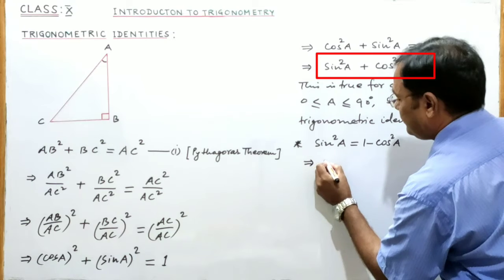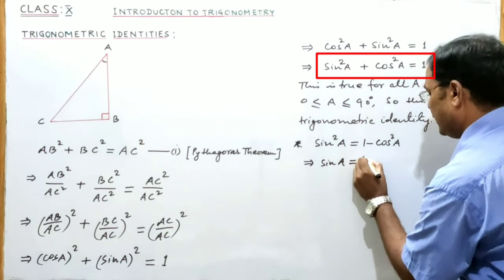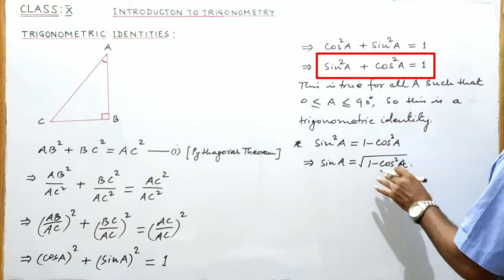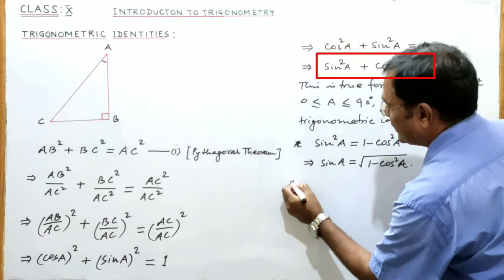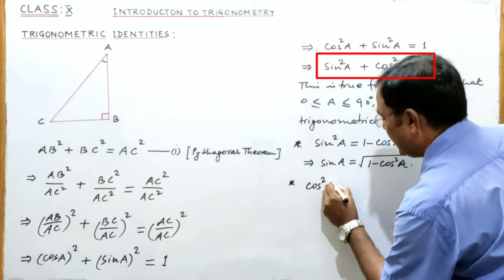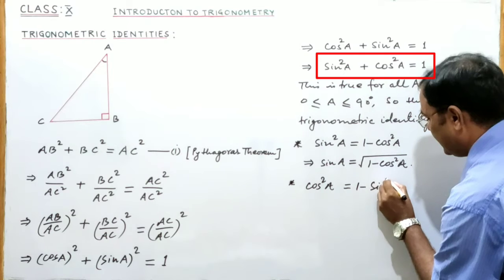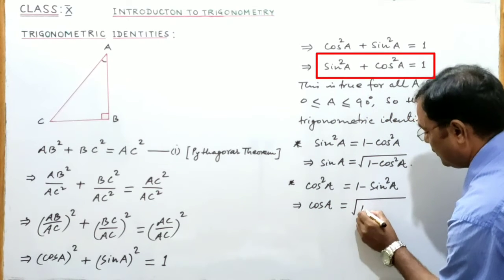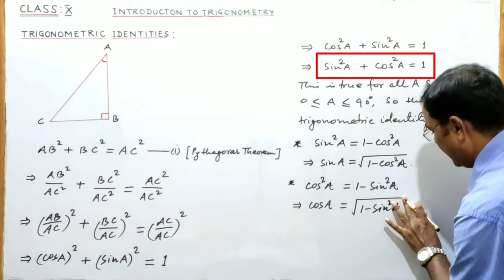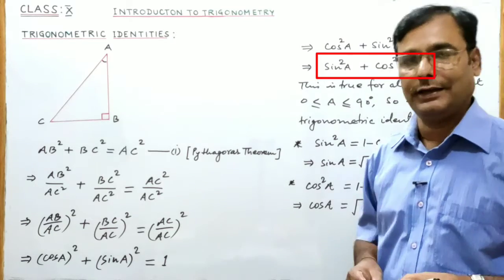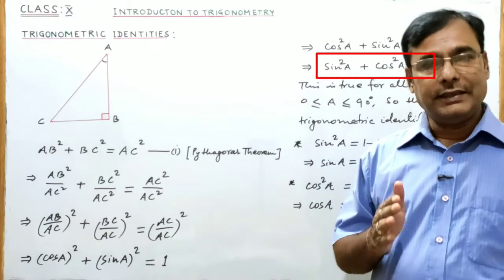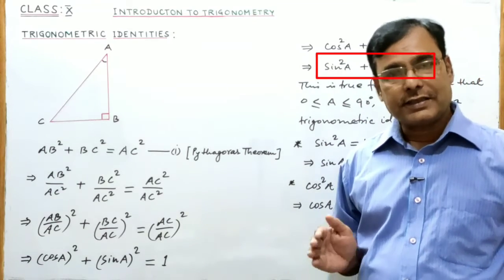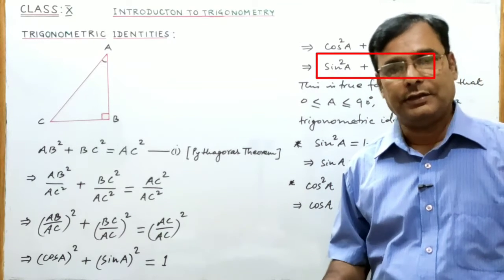Further you can write sin A is equal to under root 1 minus cos square A. Similarly, if you want to express cos in terms of sin, we can write cos square A is equal to 1 minus sin square A, and further cos A is equal to under root 1 minus sin square A. So now for any acute angle in a right angle triangle, if sin A is known, means the sin ratio is known, we can determine the cosine of the same angle, that is cos A. If cos A of an acute angle in a right angle triangle is known, then we can find sin A using this relationship.